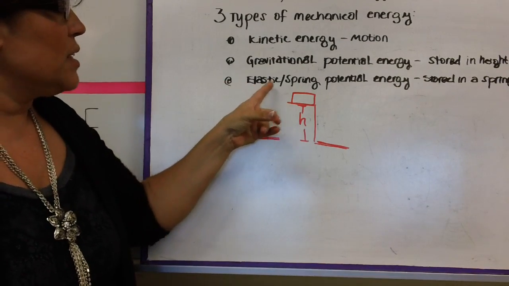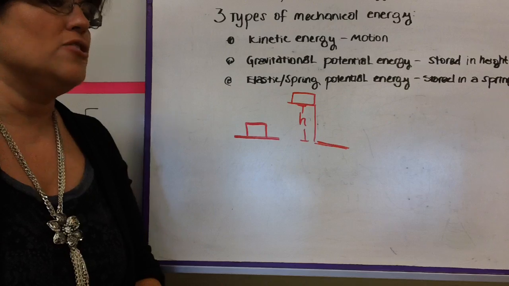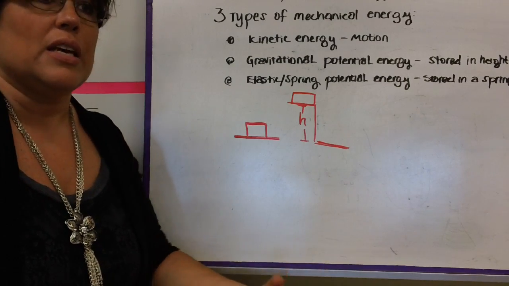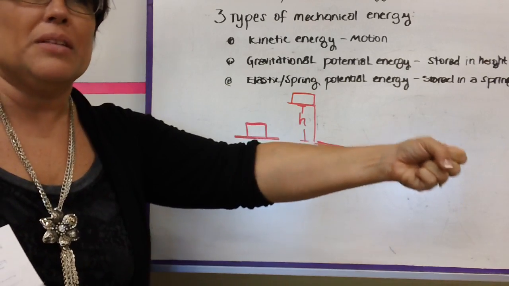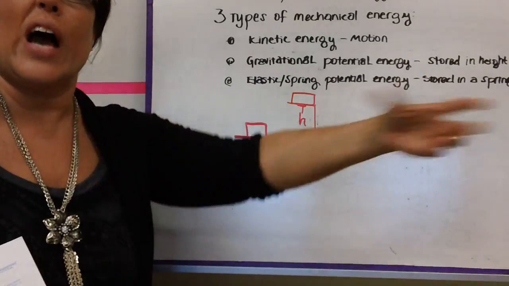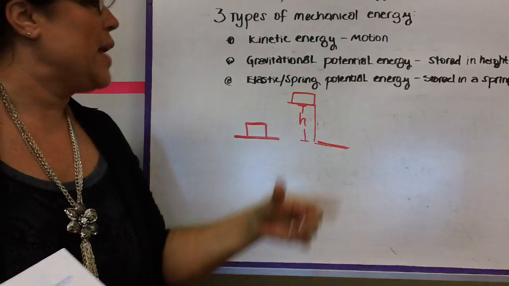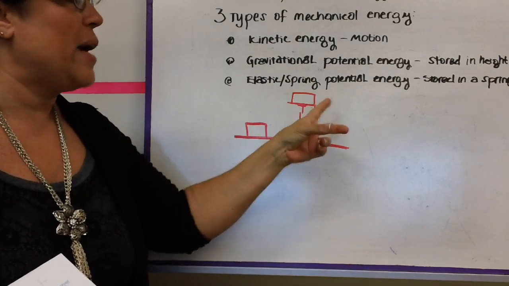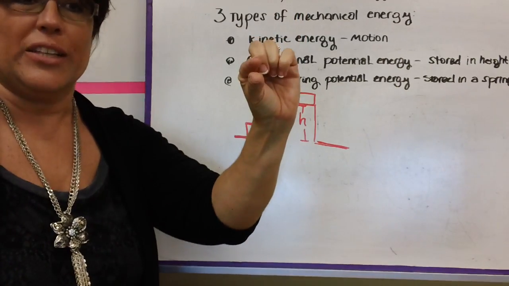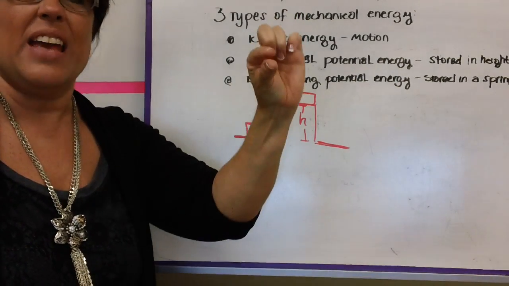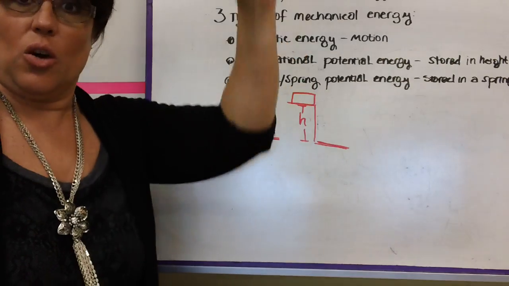The next one is elastic or spring potential energy. So this is kind of like a slinky. If I pull a slinky as far apart as possible, it has the ability, if I let go of it, to go flying across the room. And so it has the potential to do energy. It's stored in the spring. Same thing as if I compress a spring like this, kind of like in a ballpoint pen. If I let it go, it's going to go flying.